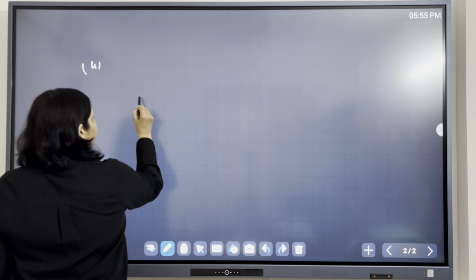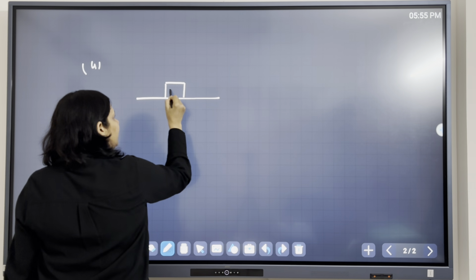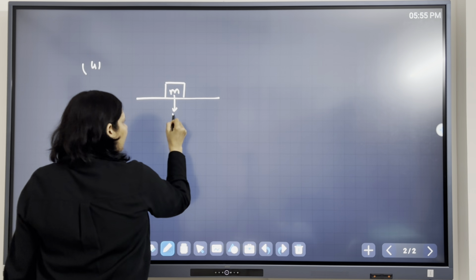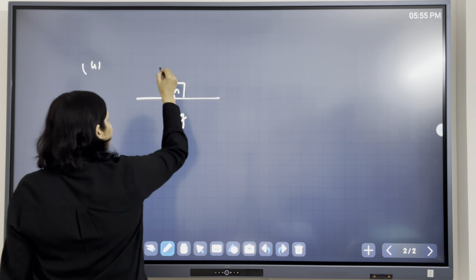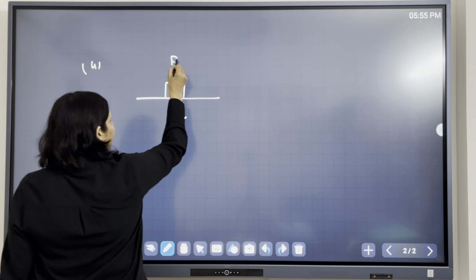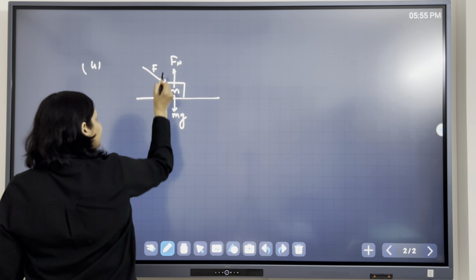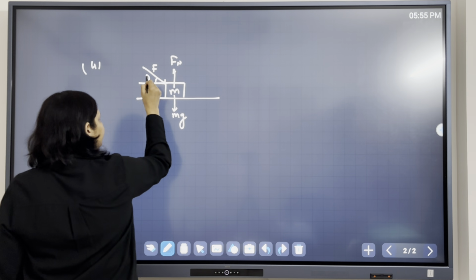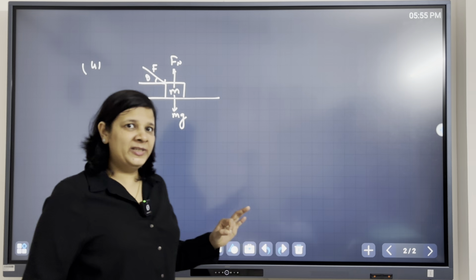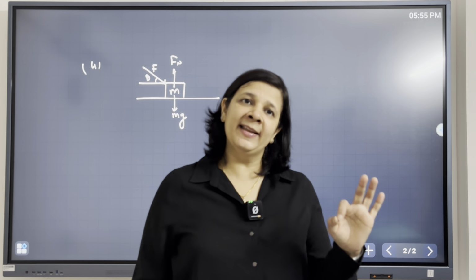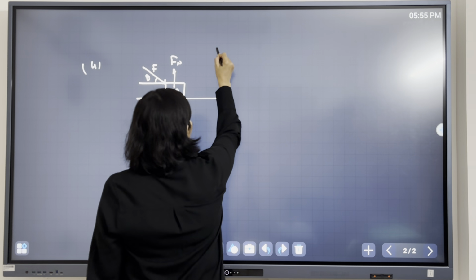Example 4. Again I take an object of mass m, gravitational force will act downwards and normal force will act upward. Now the force F is acting at an angle theta. The object is accelerating in x direction. Okay, what is given?